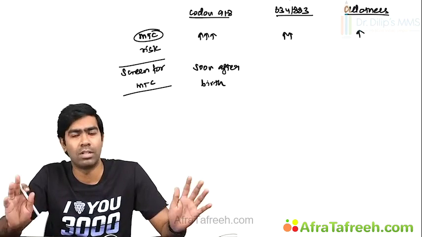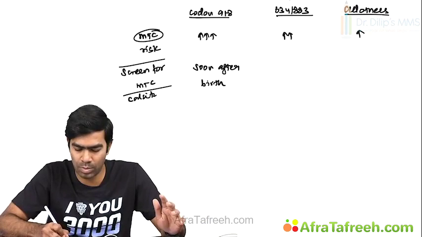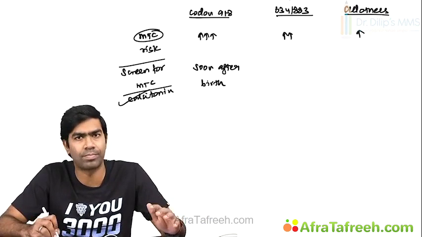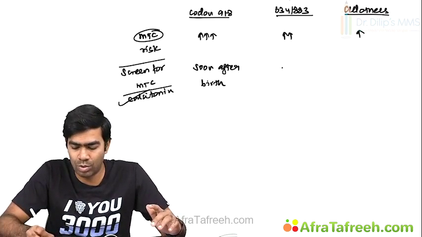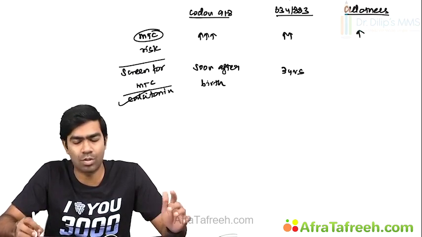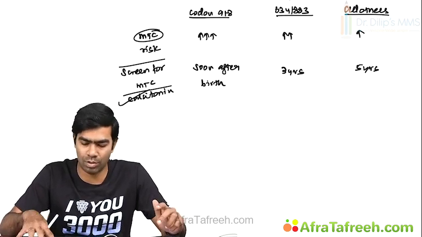You just start the screening for MTC. You will be doing it with calcitonin, with probably an ultrasound of the thyroid. Fine. So 634 and 883, you're going to screen by 3 years of age, and for all others, you screen by approximately 5 years of age.